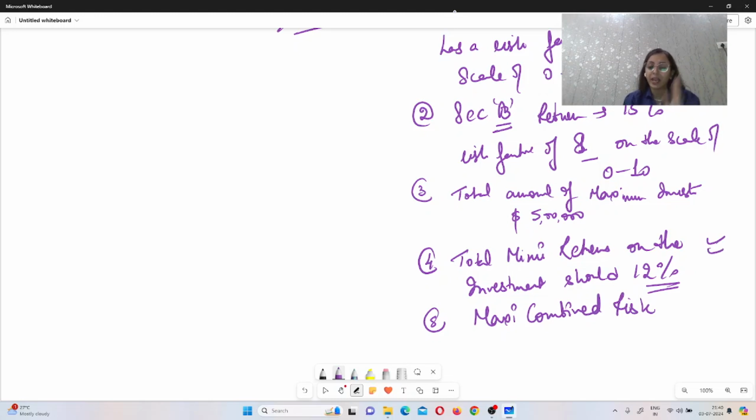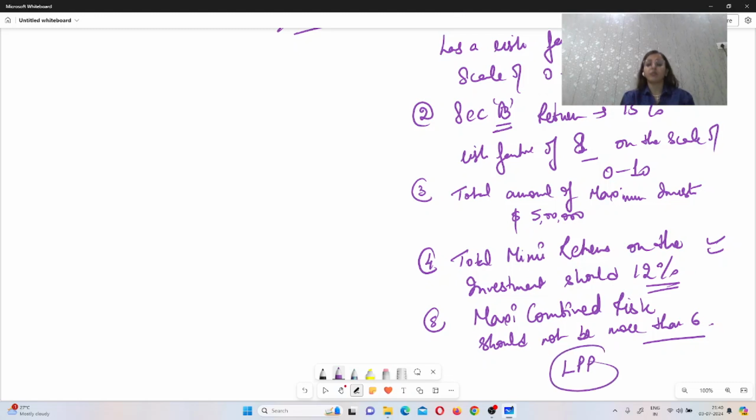The maximum risk should not be more than 6. Now you are required to formulate this problem.